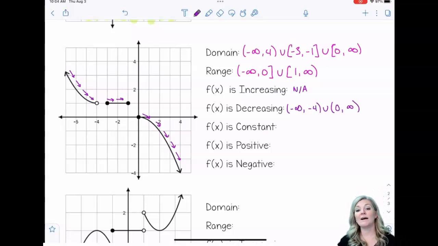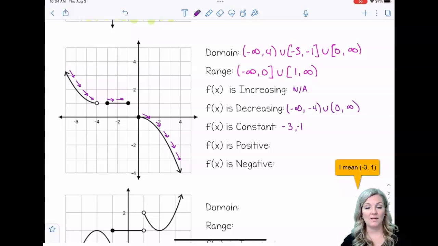Now, where is it constant? It is constant from -3 to -1. Now, let's talk about what it means to be constant. At my ordered pair, constant means it has no slope. So at -3, do I have no slope? Is my slope constant from -3 to -1?